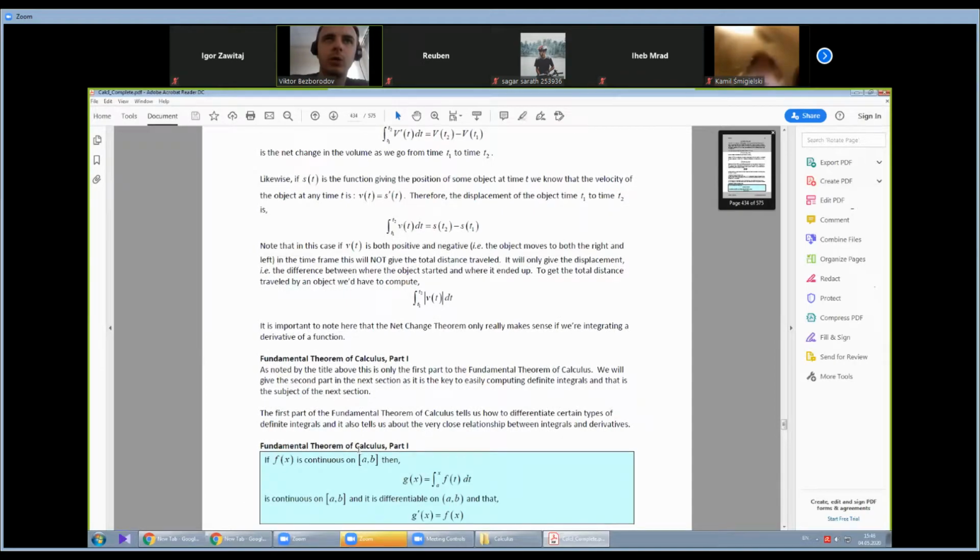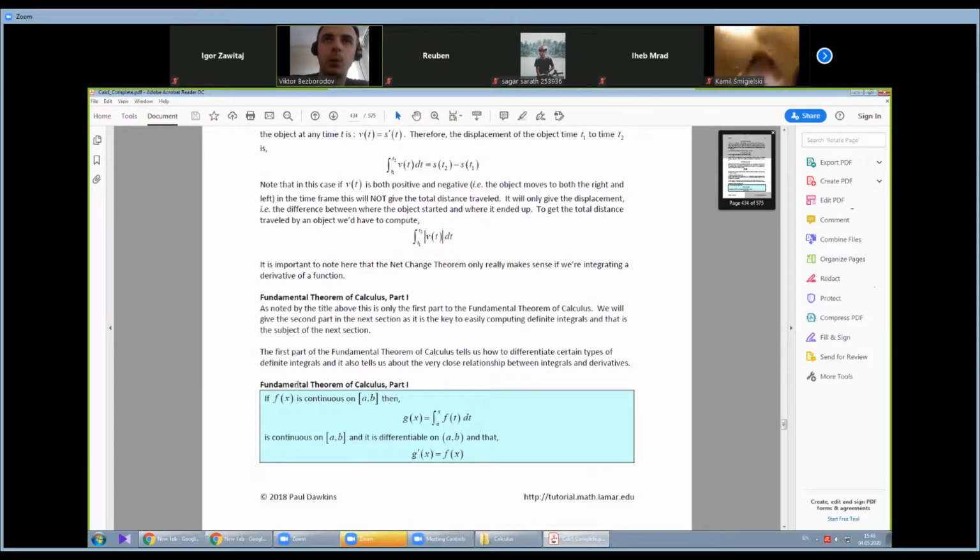And now we come to a theorem which is going to relate definite integrals, indefinite integrals, and the differentiation. Right. So if f is continuous and g of x equals the integral from a to x of f of t dt, then g is continuous and differentiable, and its derivative equals f.